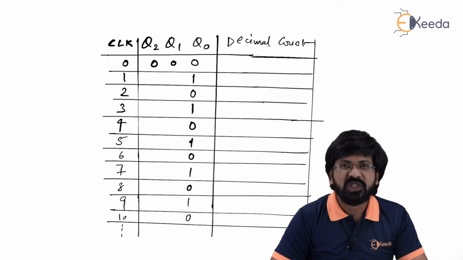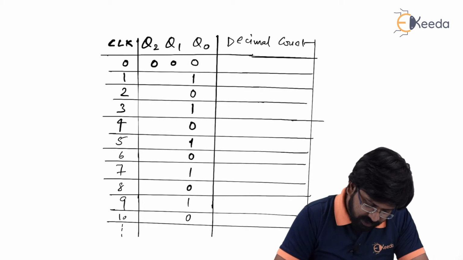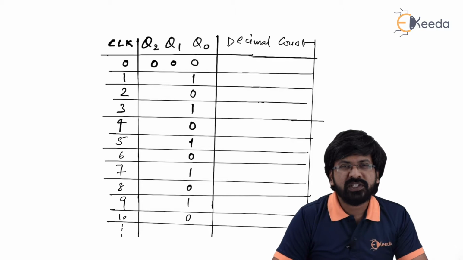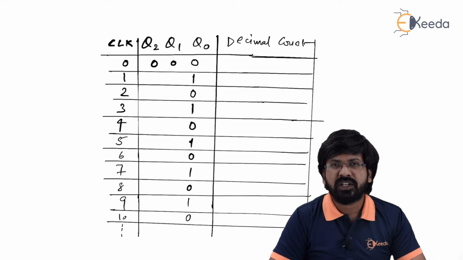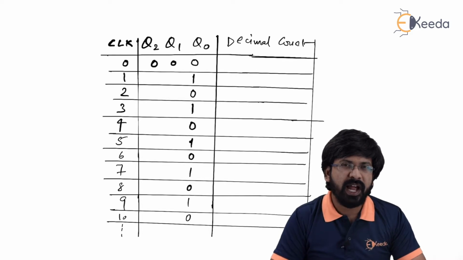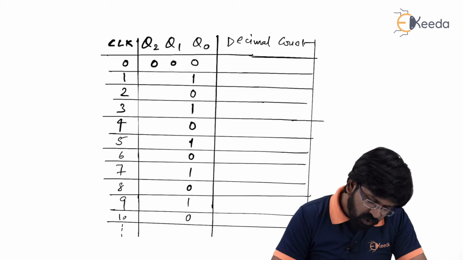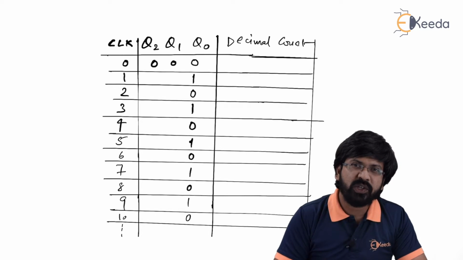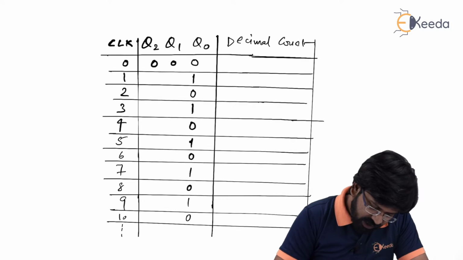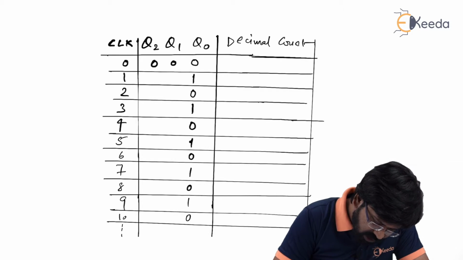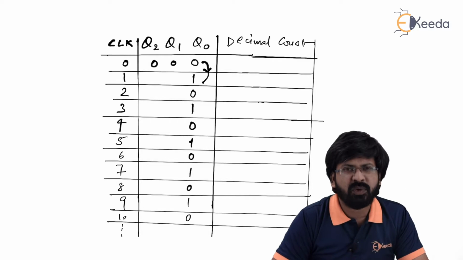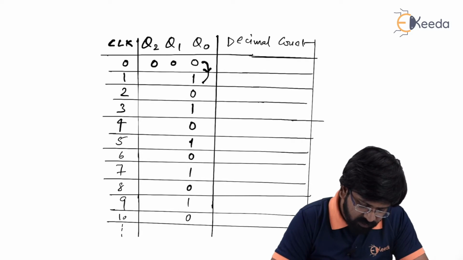Let's see what about Q1. See, for Q1, who is the clock? If you remember, for Q1, Q0 acts as the clock. So whenever Q0 falls from 1 to 0, Q1 is going to toggle. Am I right? Therefore, as you can see, here Q0 is changing from 0 to 1. That is what we call a positive edge, and therefore Q1 will not change.